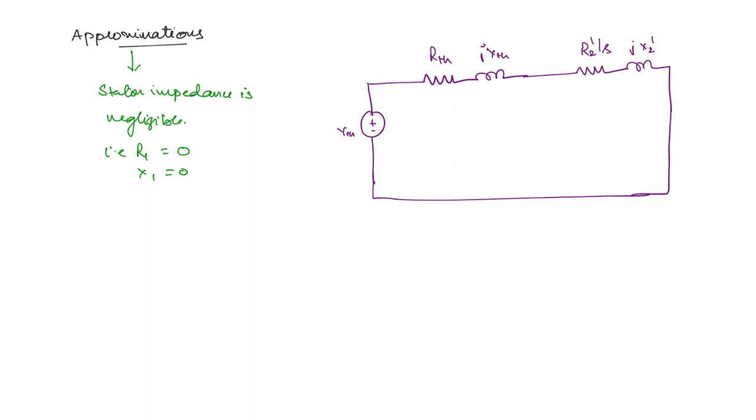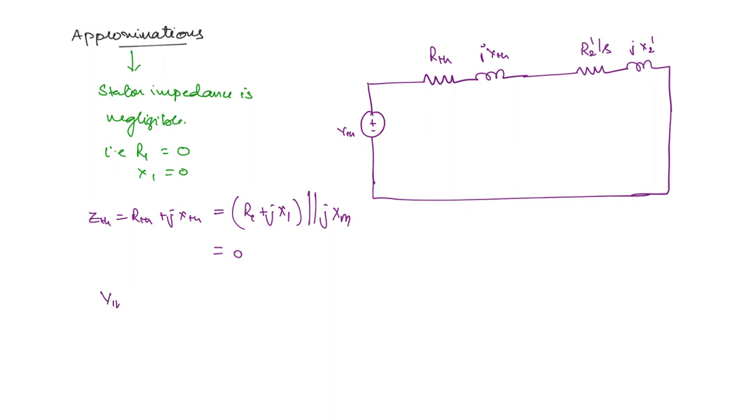Now what is this RTH and JXTH? If we take ZTH is equal to RTH plus JXTH, this is equal to R1 plus JX1 in parallel to JXM. Okay, so a 0 impedance, that is a short circuit in parallel with another impedance, what will it be? It will simply be 0. So ZTH, that is equal to RTH plus JXTH, will become equal to 0.